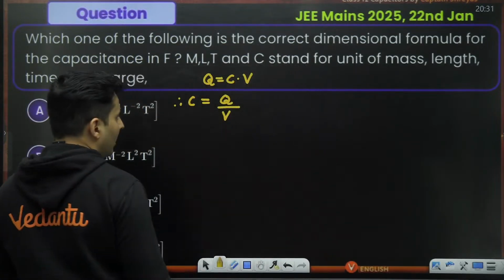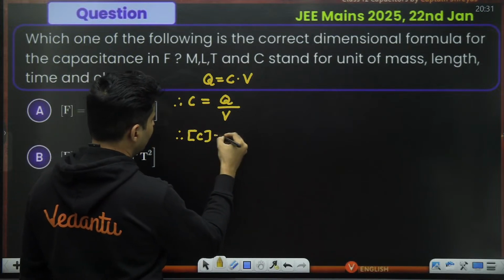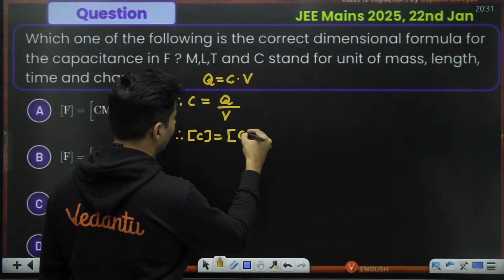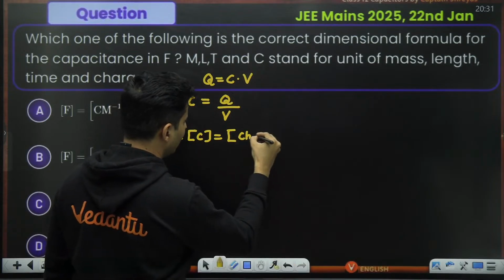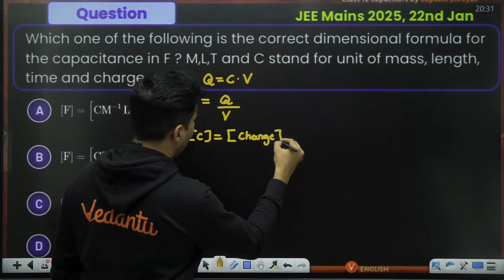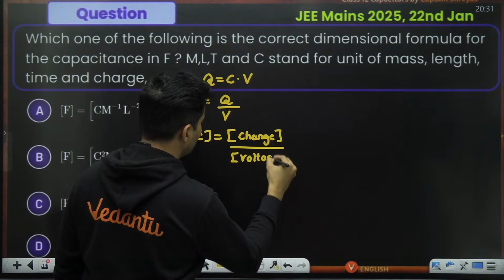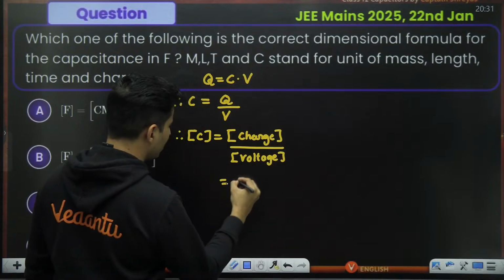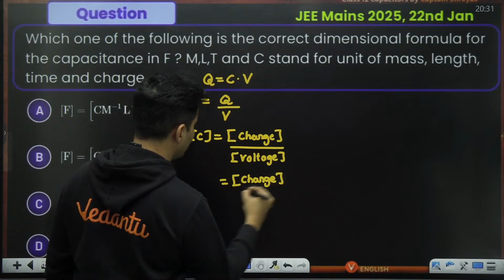Okay, but if you talk dimensionally, the dimensions of capacitance will be the dimension of charge over voltage. Voltage, we know the definition: it is the work done per unit charge.